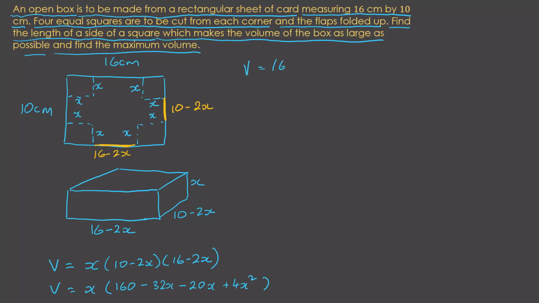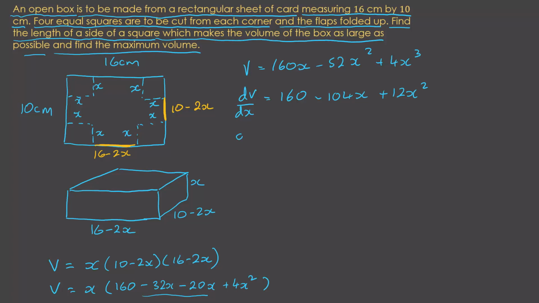So that's going to be 160x, these two together make 52, so take away 52x squared plus 4x cubed. So we've got dV/dx as 160, take away 104x plus 12x squared.